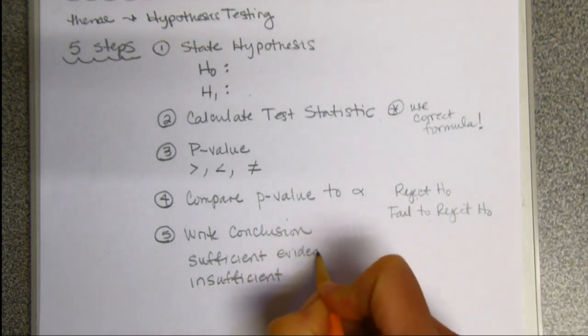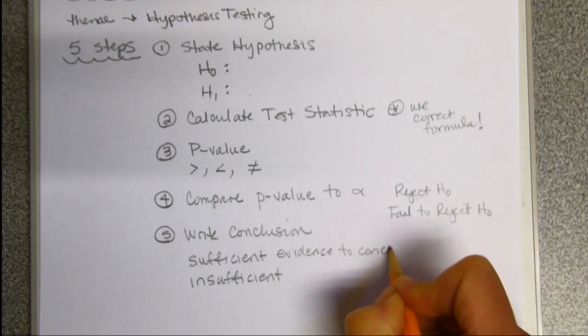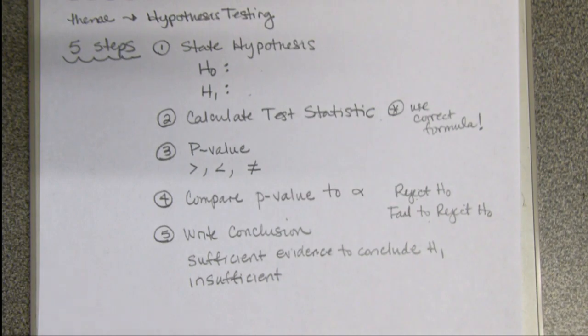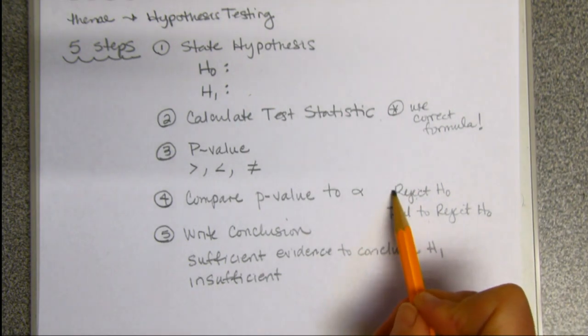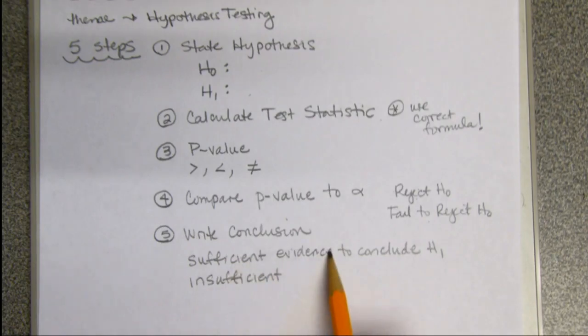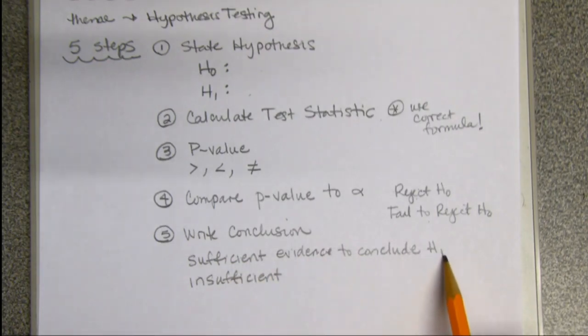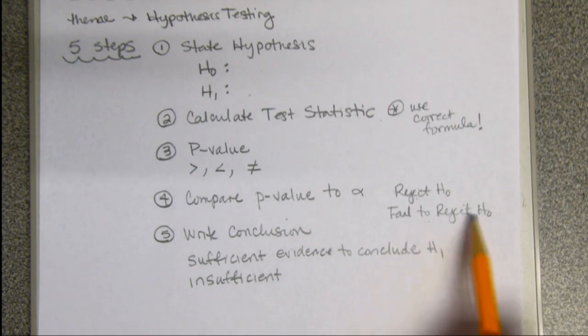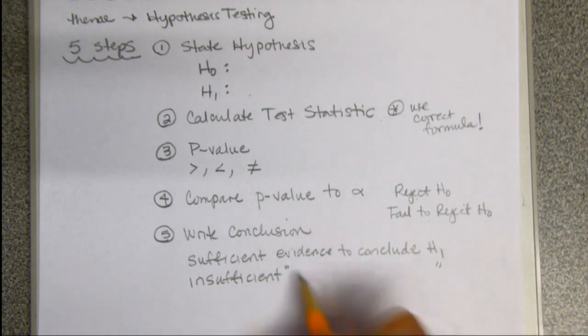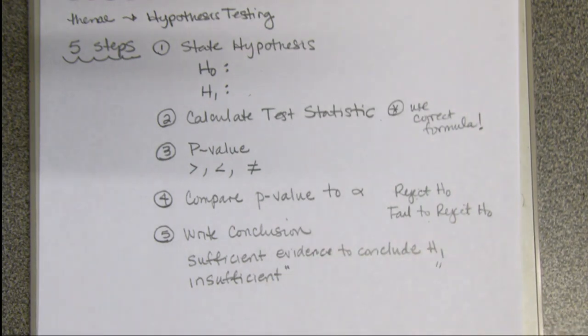I'll go ahead and write it. If you reject your null, there is sufficient evidence to conclude your alternate. If you fail to reject your null, there is insufficient evidence to conclude your alternate. All right, those are the 5 steps that you will go through on every single problem.